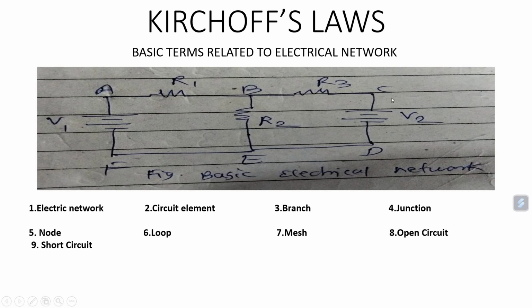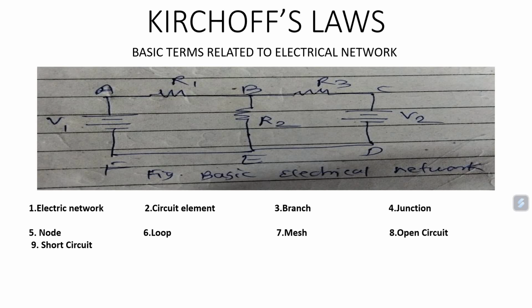That's why whenever I short circuit the path, the entire current will flow through the short circuit path, because it has zero or negligible resistance compared to this path. And current always follows the path of low resistance. That's why in the case of a short circuit, the current flowing through the short circuited path is higher, whereas ideal resistance is zero. Practically some resistance is present, but it has a very small value.